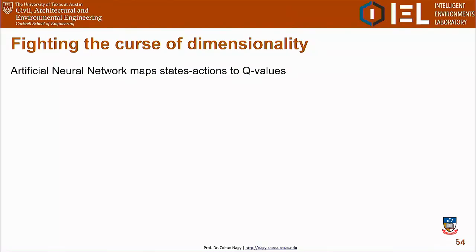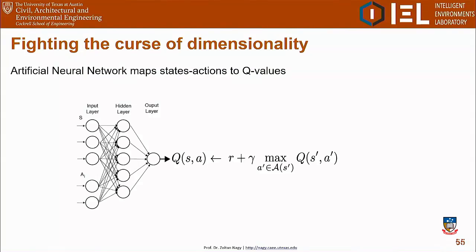The curse of dimensionality is a basic problem: if we have discrete states and actions, as we continue to add more states and actions, the total number of possible options increases exponentially. To solve this problem, we just use an artificial neural network.